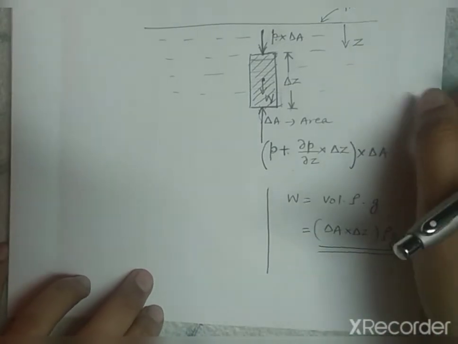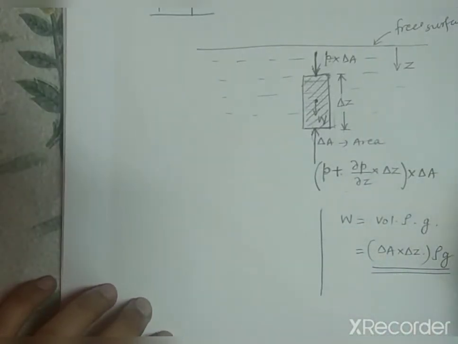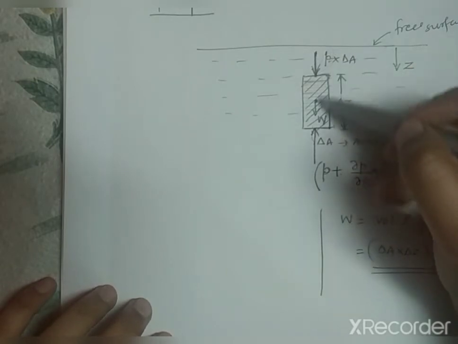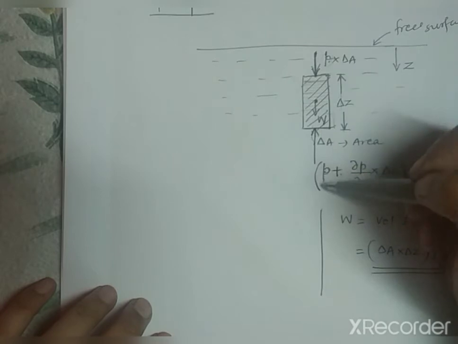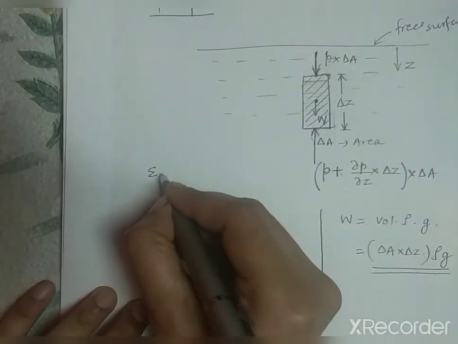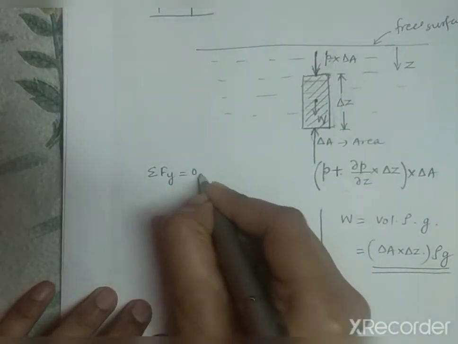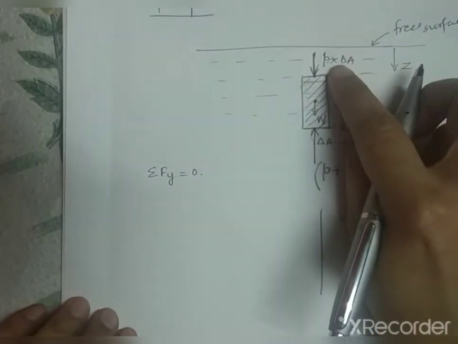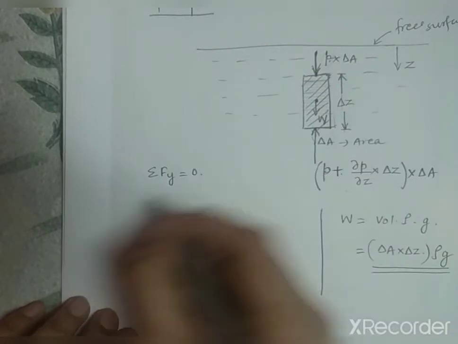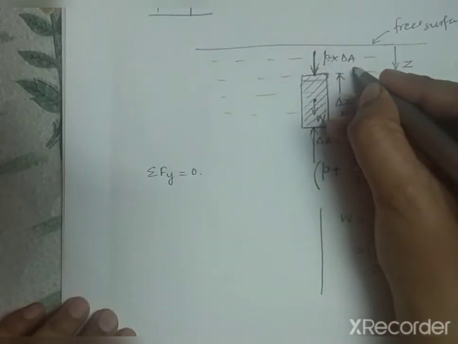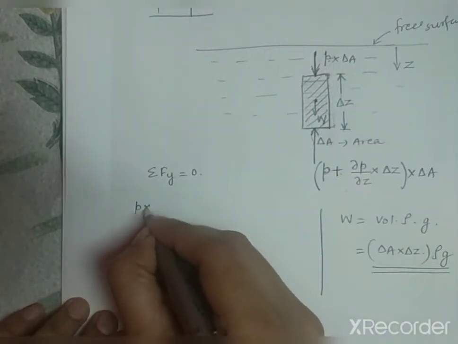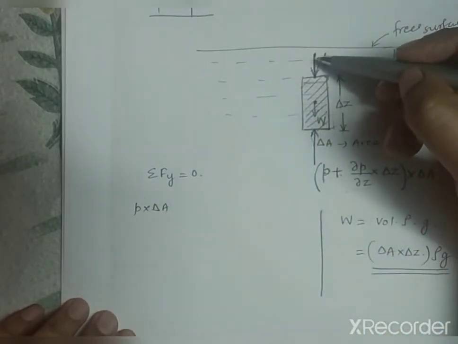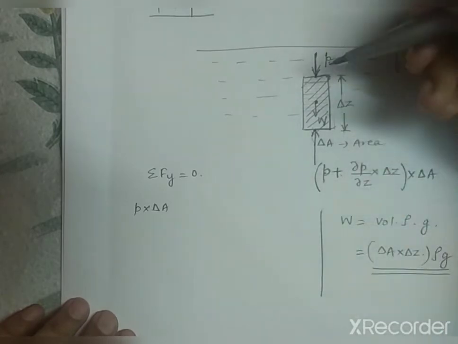Now I am going to write the equilibrium condition. Because all the forces are in the y direction, I only have to take sigma Fy equal to 0. First, P into delta A is negative, since it is pointing towards the negative y direction.